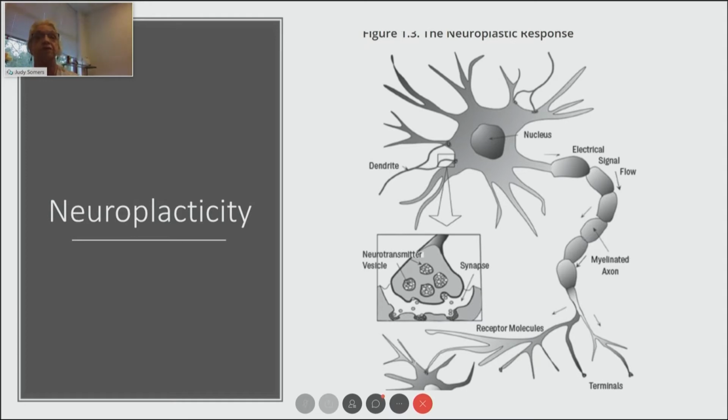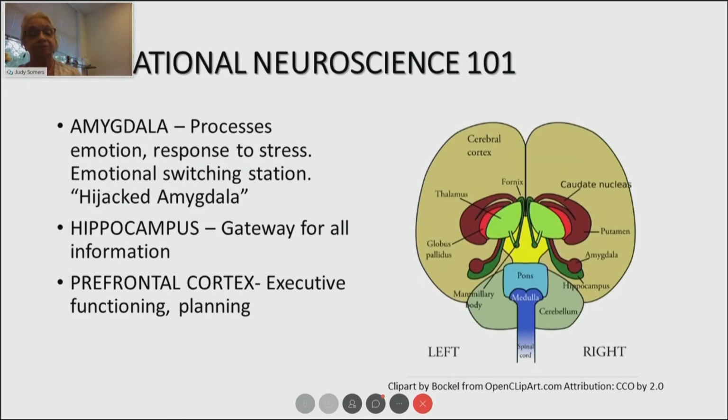So it's not a matter of losing what we have. It's just a matter of creating new neural passageways, which is another really fascinating piece of it. The whole neuroplasticity piece is a way that we use and store memories. So here's our Educational Neuroscience 101.